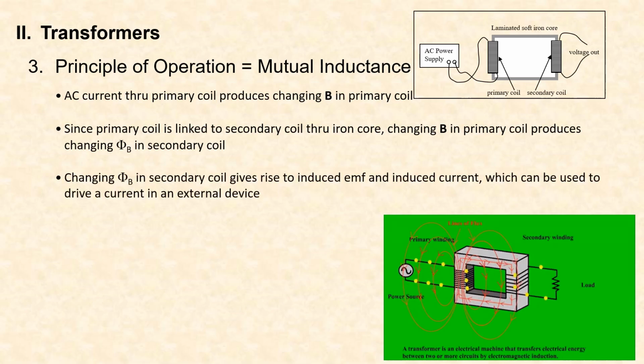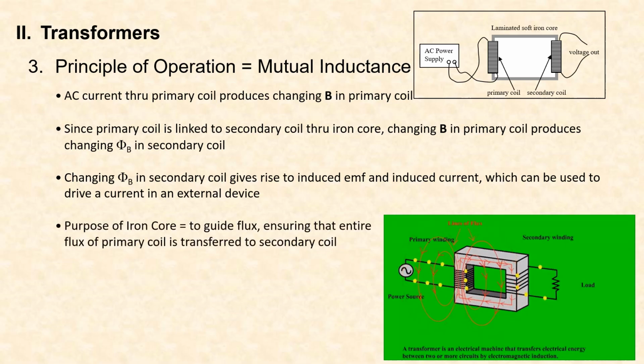And according to Faraday's law of electromagnetic induction, that changing magnetic flux in the secondary coil gives rise to an induced EMF, an induced current in the secondary coil, which can be used to drive a current in an external device. As we said previously, the purpose of that iron core is to guide the flux. It ensures that all of those magnetic field lines that are generated in the primary coil are transferred efficiently to the secondary coil.